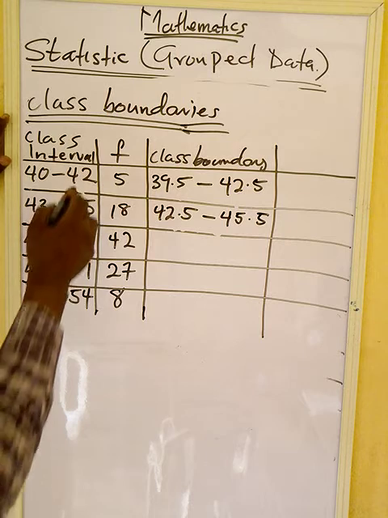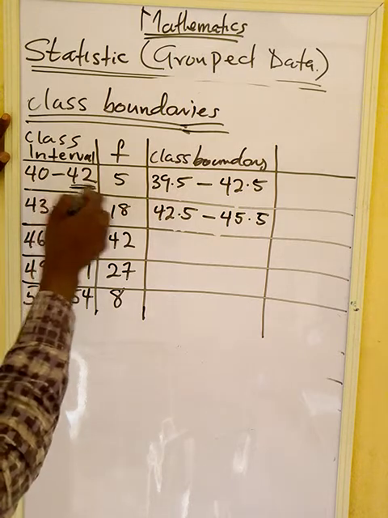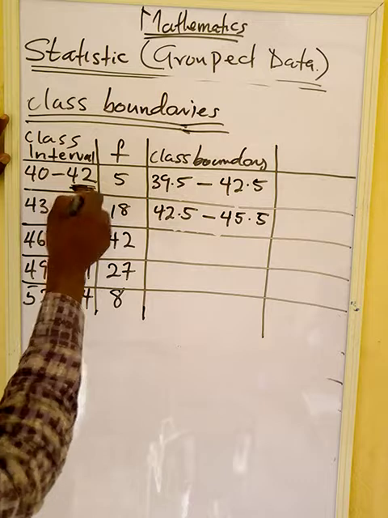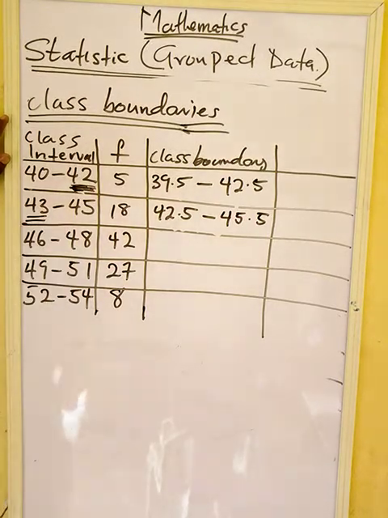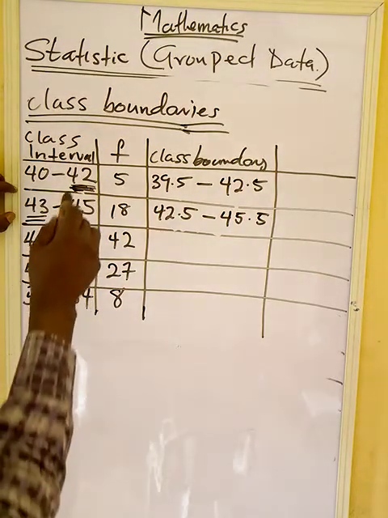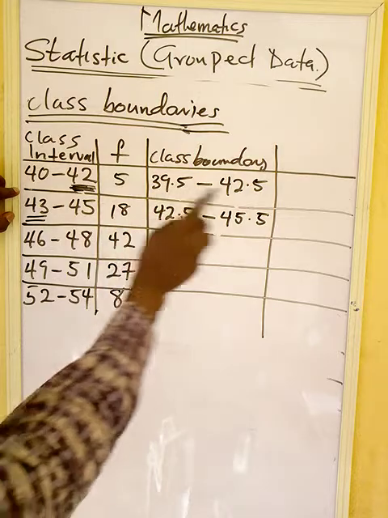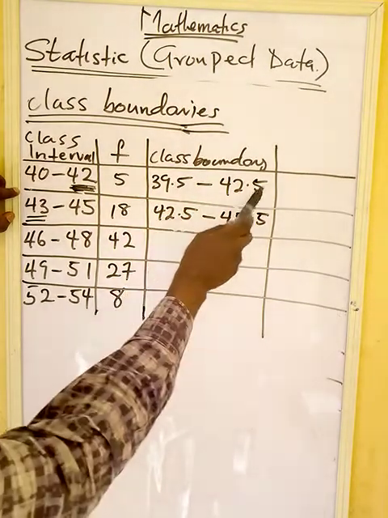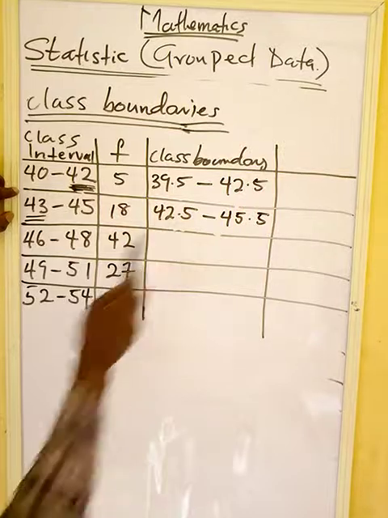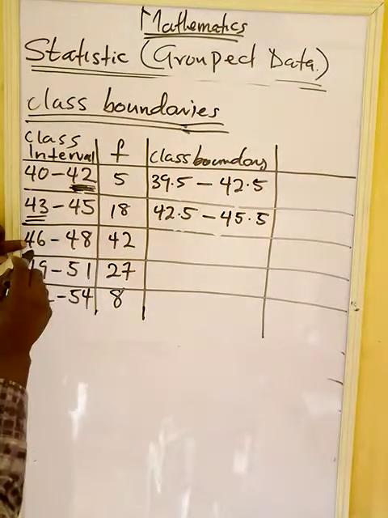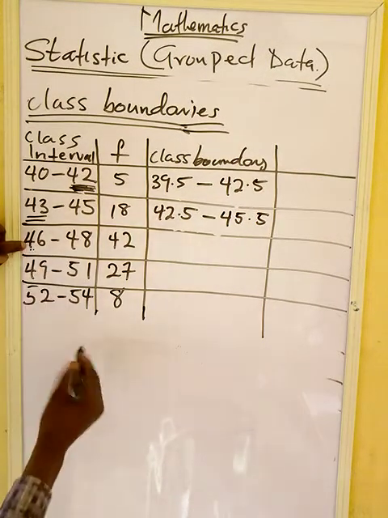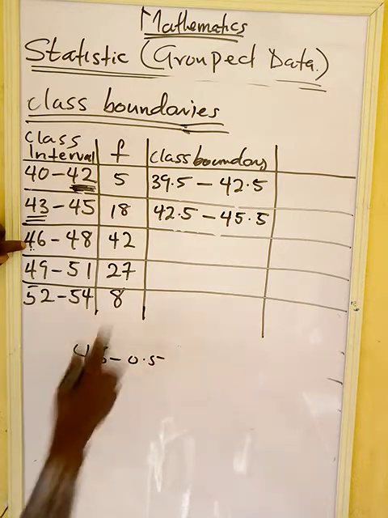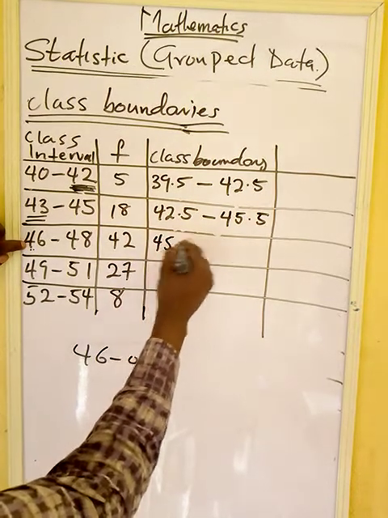Now something happened here. If you look at the upper class limit here and the lower class limit here, by the time we look for the boundary, what ends here, we start here. Now we have 45.5. Let's do the same here. We have 46. If you subtract 0.5 from 46, we have 45.5.